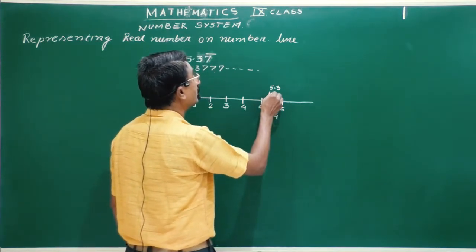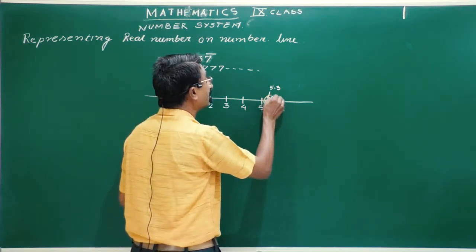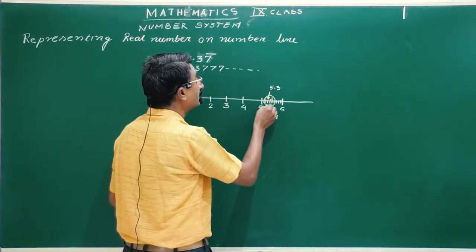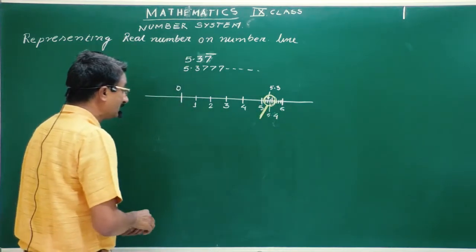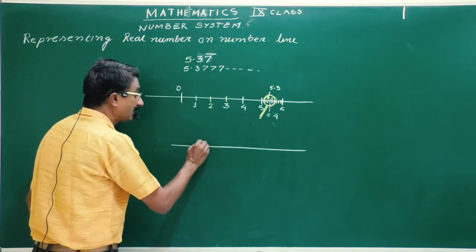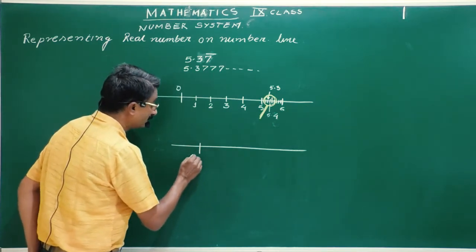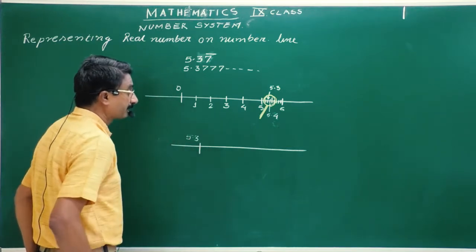5.4. So we will magnify this one. Again the procedure is the same. I will mark here. I will magnify only that portion. So this is 5.3.